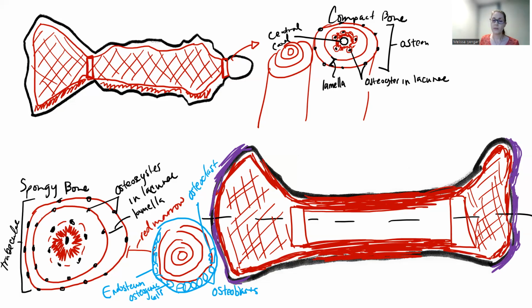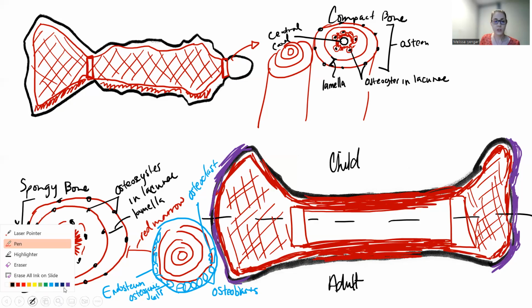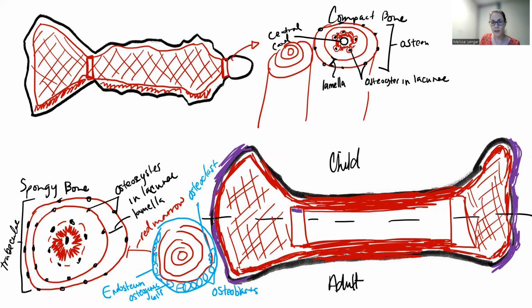The other place we're going to find hyaline cartilage is in our child's bone. So I forgot to put my label. This is my adult, and this is my child, that side. So on the child side, we're going to make this area here hyaline cartilage, and that becomes the epiphyseal plates.